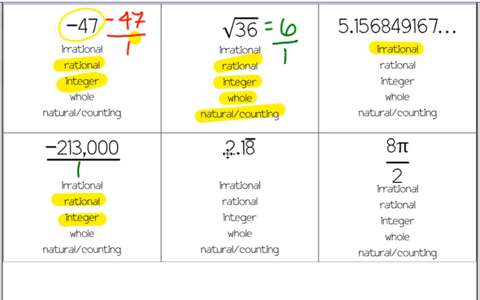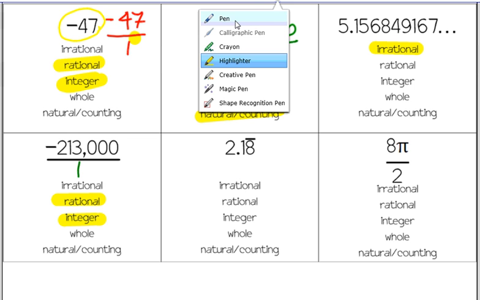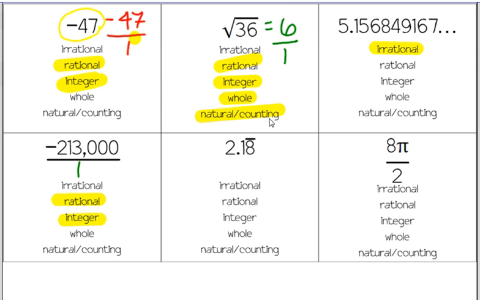If we have 2.18 with the 8 repeating, we need to know if we can write it as a ratio of two integers. And these types of decimals can be tricky to write as fractions. Some of them are a little bit easier than others, but I'll just go ahead and write this one out so you can have it as a reference and try it out in your calculator.